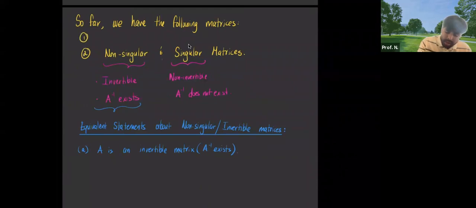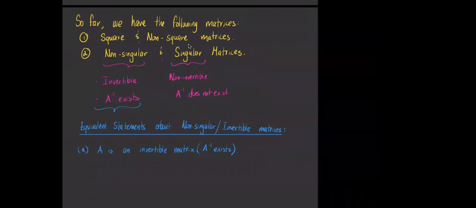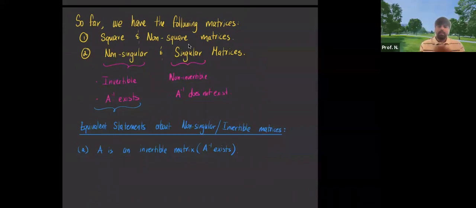We have what are called square and non-square matrices. Square means n by n, and non-square is anything else. Square means you have the same number of rows as columns, and non-square is when you have a different number of rows versus columns.